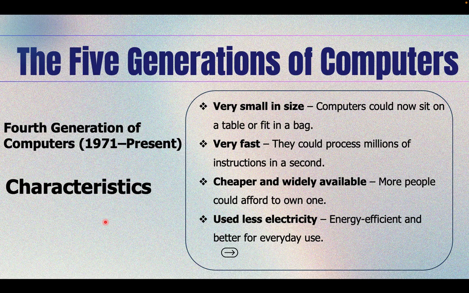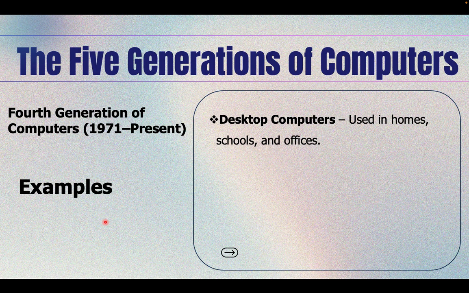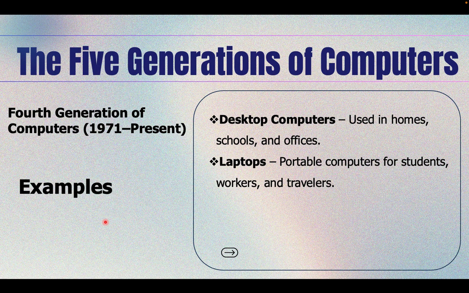And as compared to the previous generation, you realize that as much as energy consumption is concerned, it has reduced drastically, and computers have become more energy efficient. Okay, let's look at some basic examples. Yes, so we have desktop computers, which are used in our homes, our offices, our schools, now available everywhere, every corner.